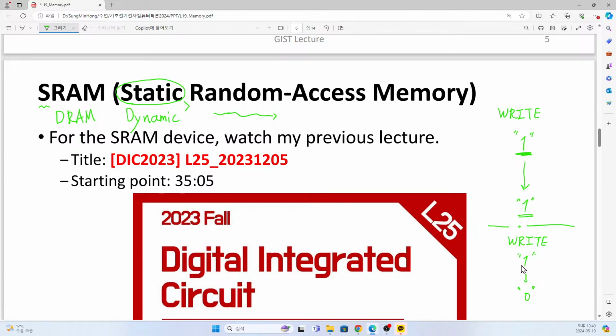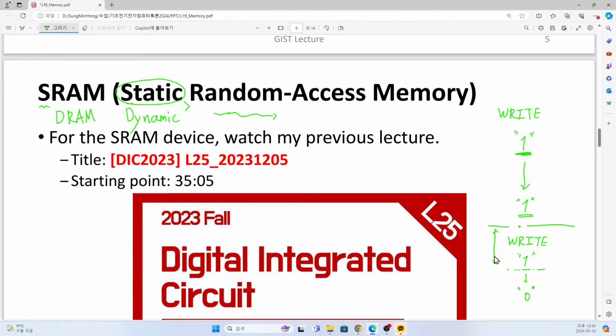So I mean that the data written in the DRAM just survives only for a short time. It sounds really weird because we are now talking about memory. Memory means if we say something, then that should be there. However, in the case of DRAM, there is a finite, limited duration for memorizing it.